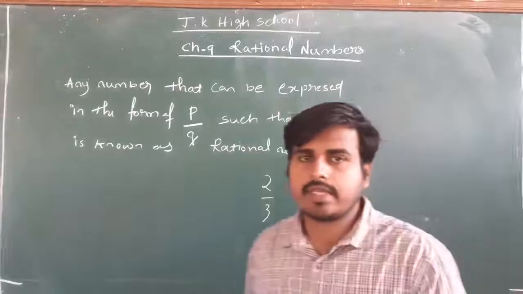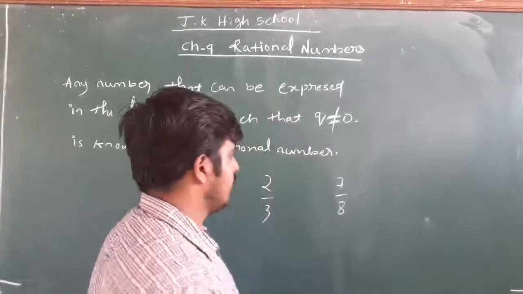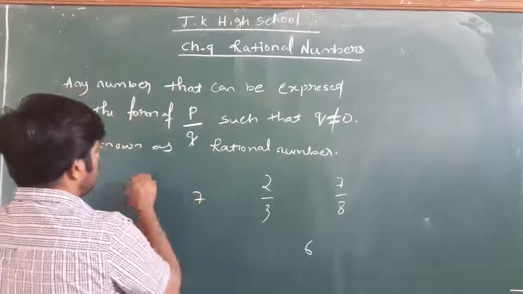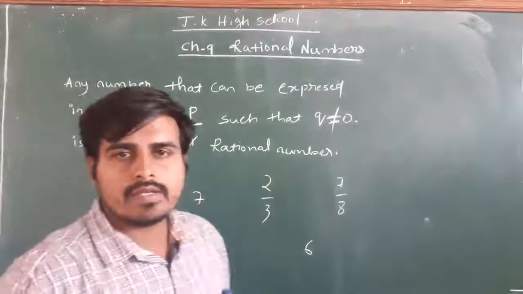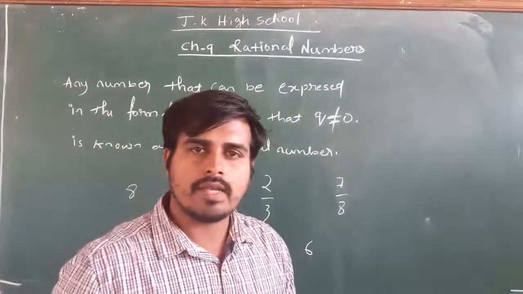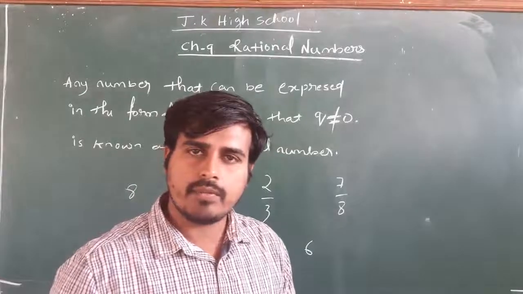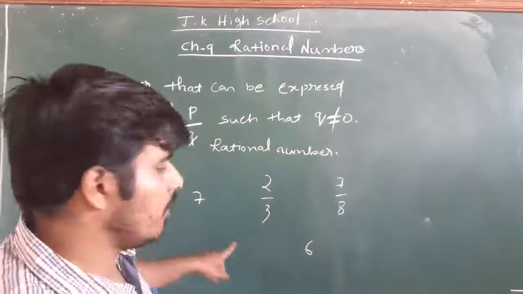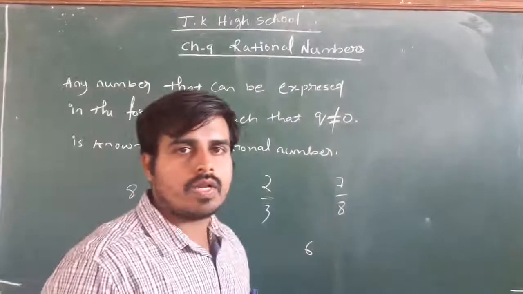And what happens in the case of 6, or 7, or just 8? These are all counted under natural numbers as well as whole numbers, and even under integers. But can we count these types of numbers in rational numbers? The question arises.